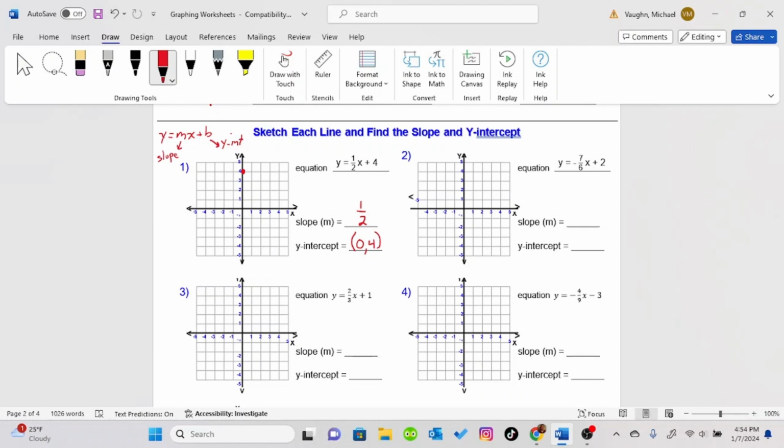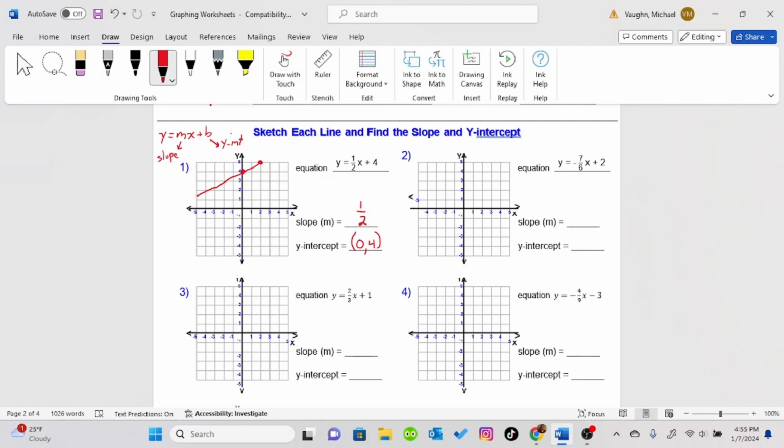So that means we go up 1 and right 2. Once we have 2 points, now we can go ahead and draw the line that connects them and makes our graph.